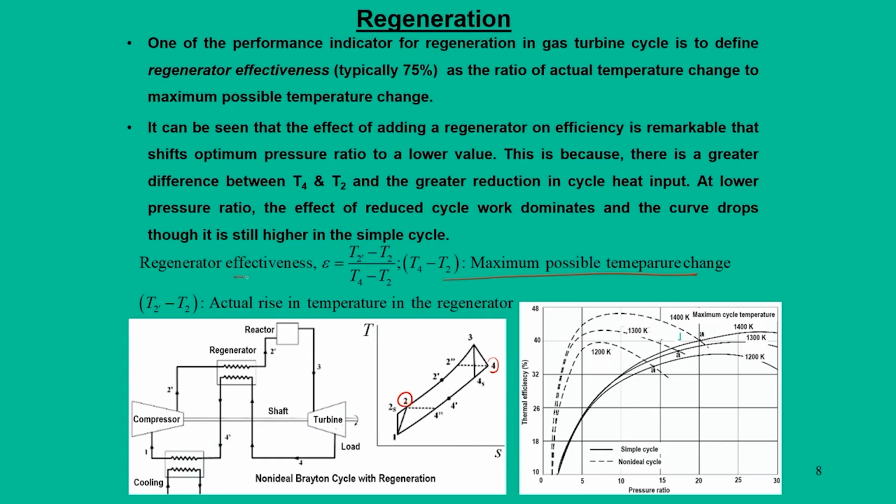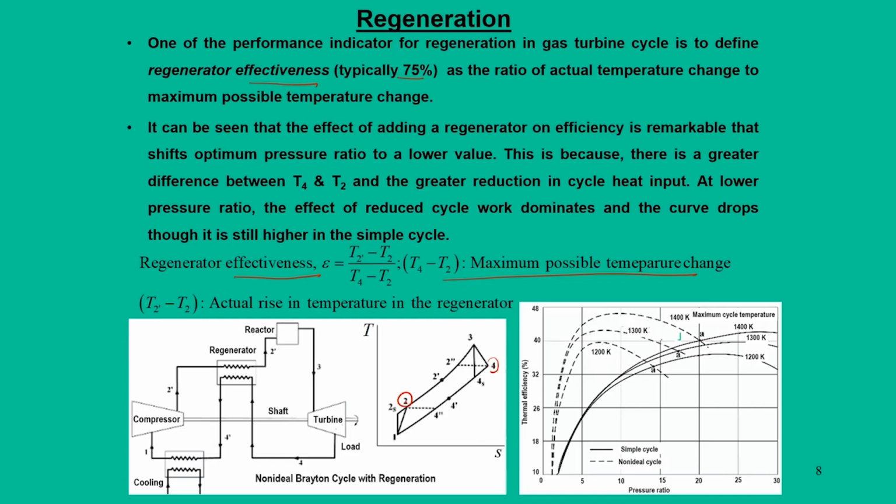We define a term called effectiveness, which is T2 dash minus T2, the actual temperature rise, to the maximum possible temperature rise. We call this the regenerator efficiency, and in typical gas turbine cycles we expect that the regenerator should operate with 75% effectiveness.